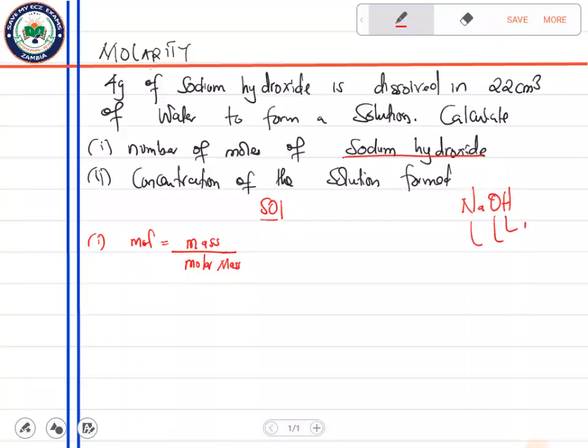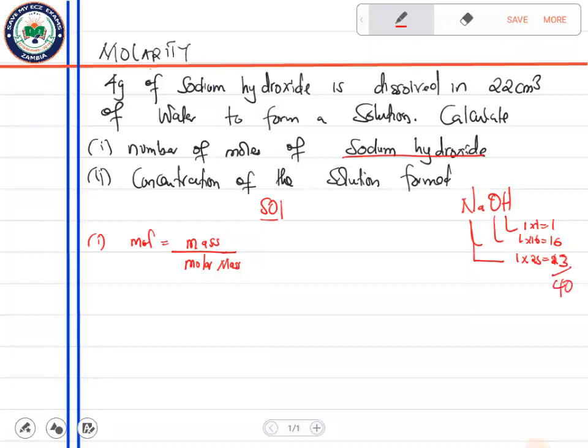So here you have 1 times 1, and 1 times 16. Where I'm getting the 16, it's the mass number on the periodic table. 16 here, then here 23. So this will give me 40.